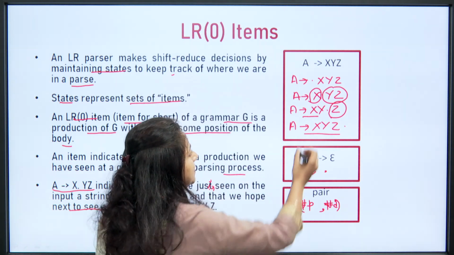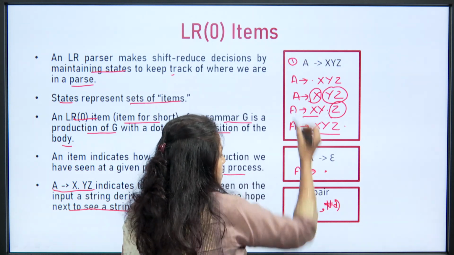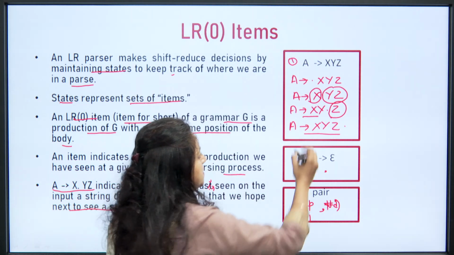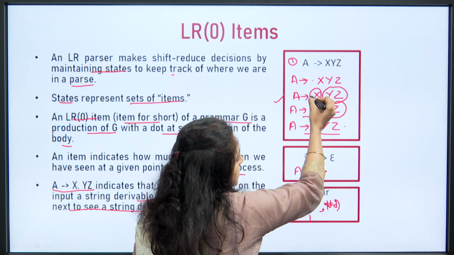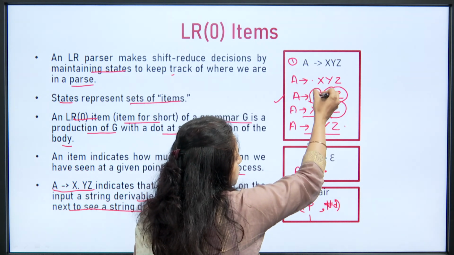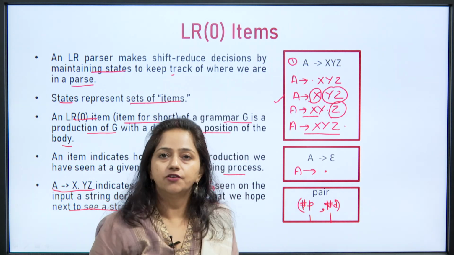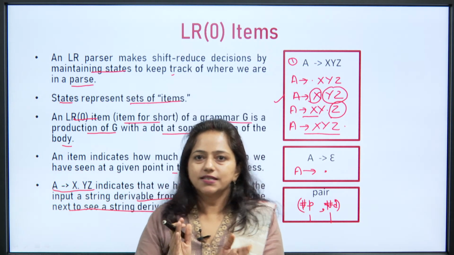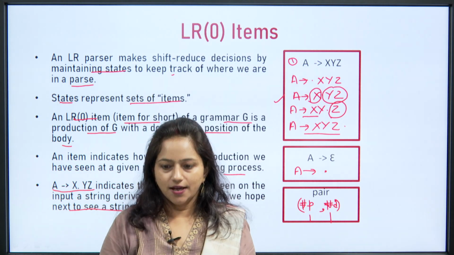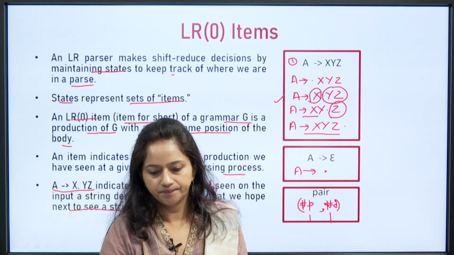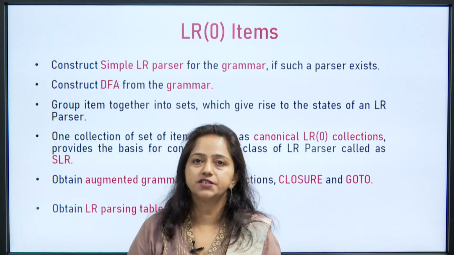So, for example, this is the first production, so here we can write 1, and suppose the item is this, so we write the position of dot, suppose it is 0, 1, 2, 3. Suppose this is 1, so here we can write 1. This is just to save the space. So, this is about the general concept of LR0 items.